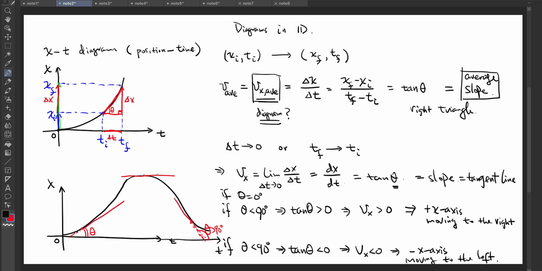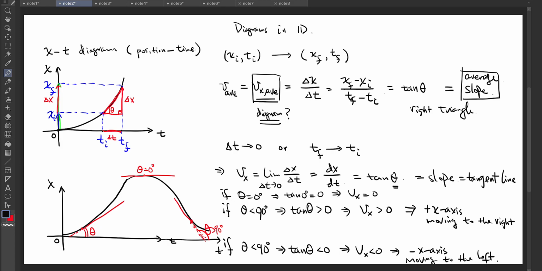And this angle now, for the slope, will be 0 degrees, and then the velocity will be 0. So at this instant we have tangent 0 degrees equals 0, so the velocity equals 0. So now at this instant the object simply just stops without doing any motion.